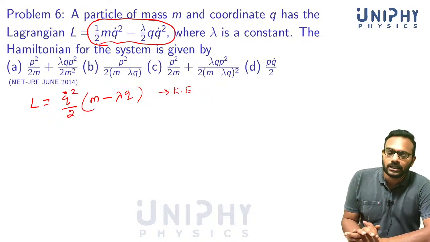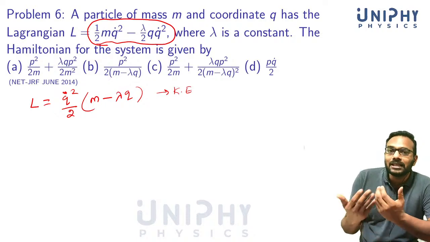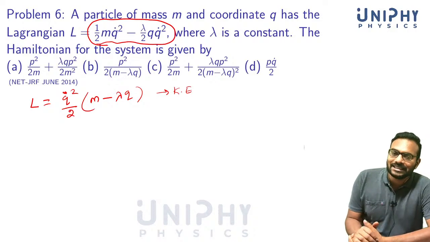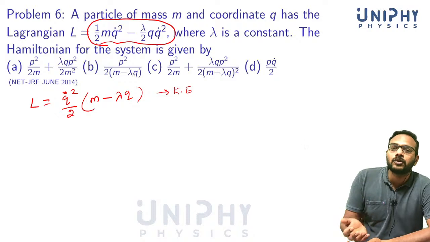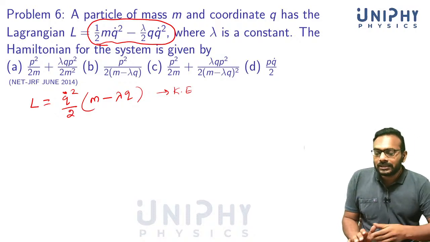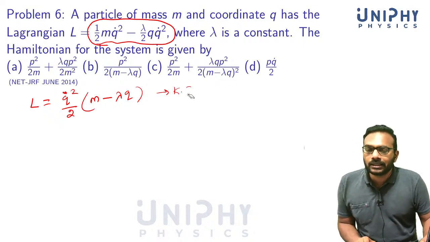There are many situations where the Hamiltonian is just the total energy. In that case, you don't have to do all the steps of q dot p minus L, and you can save a lot of time. Here it's only the kinetic energy.